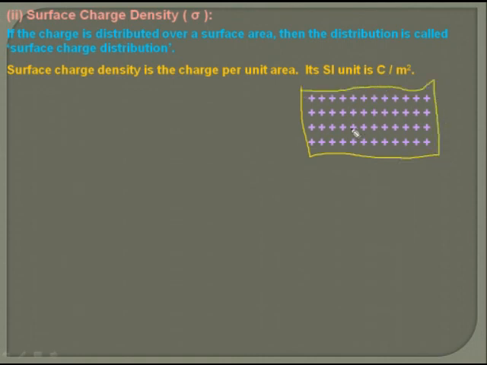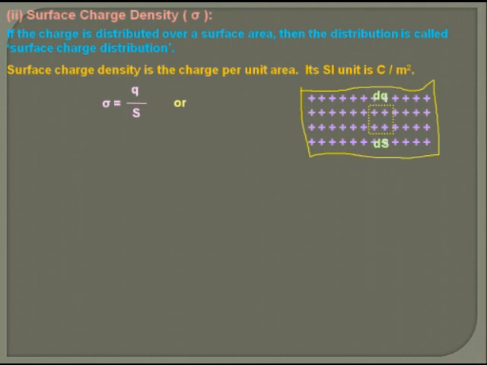This positive charge is distributed uniformly on the surface of the conductor. Take a small area segment, that is ds. Since the area segment is very small, it will contain a charge of dq, which will also be very small.